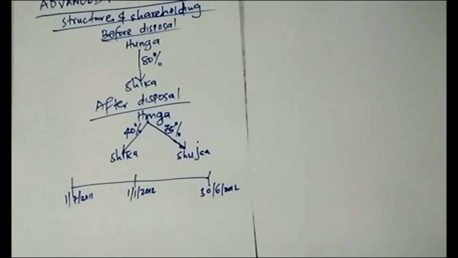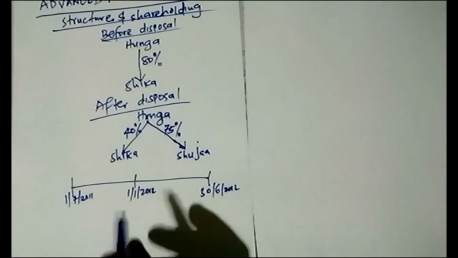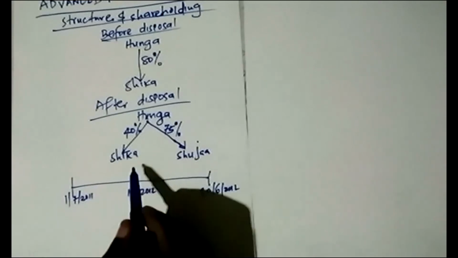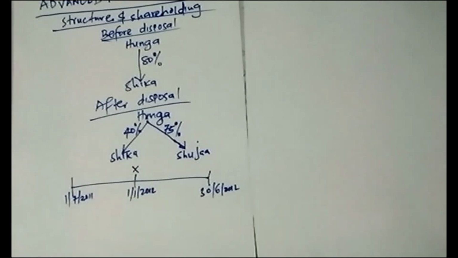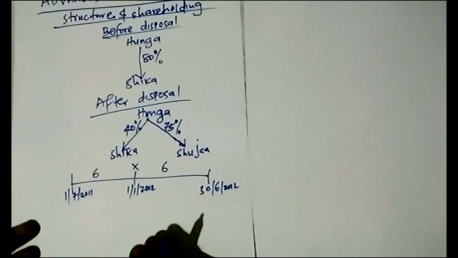So which means that Shika, for the first 6 months, because it was disposed here, was a subsidiary, and for the last 6 months, it changed to be an associate.